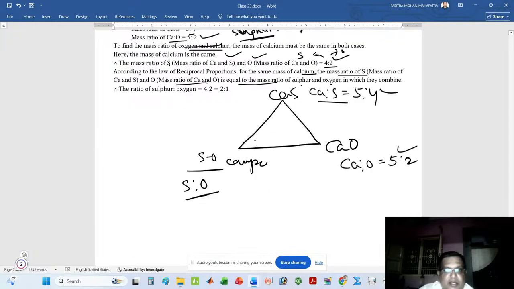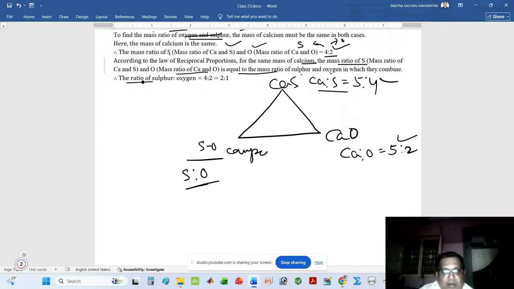Therefore, here I can write the ratio of sulfur and oxygen is equal to how much? 4:2. 4 deals with the sulfur, 2 deals with the oxygen. If you simplify this 4 by 2, you can find 2 by 1.